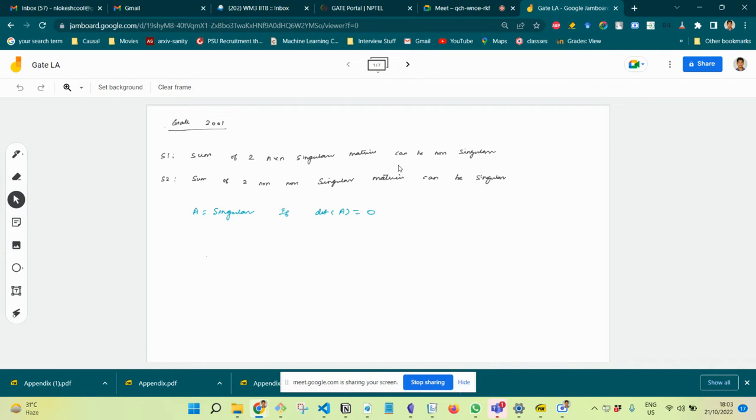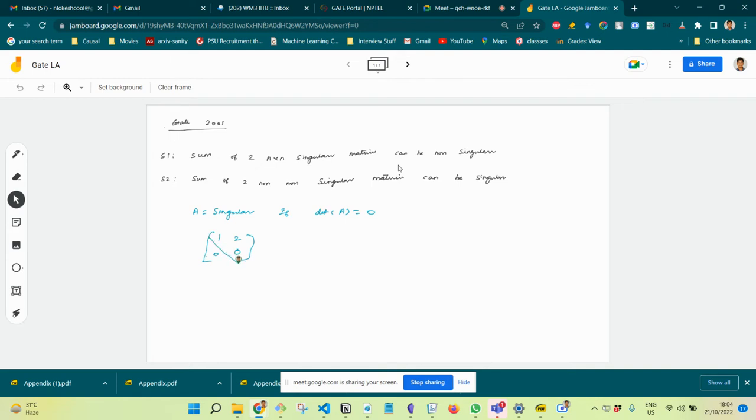To verify the truthfulness of this statement, I just need to construct two matrices. Let me construct two upper triangular matrices. Let's assume we have the matrix 1, 0, 0, 2. In the last class we saw a property that for an upper triangular matrix, the determinant is nothing but the product of entries along the leading diagonal.